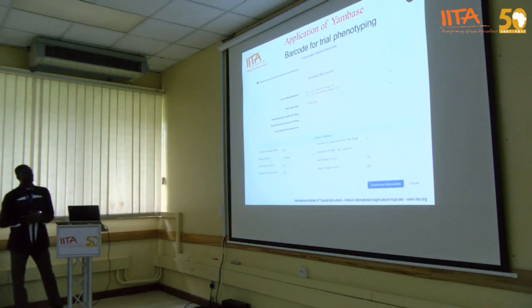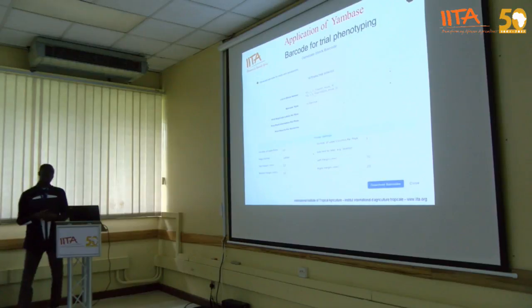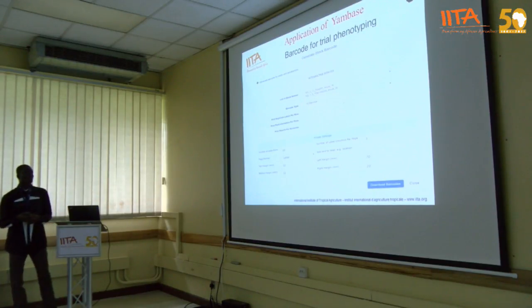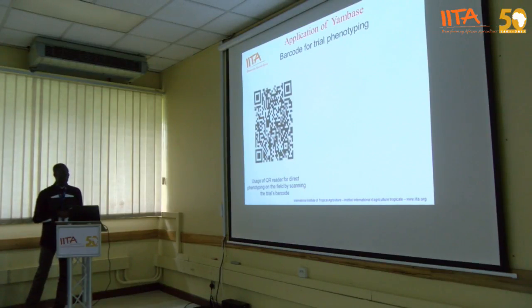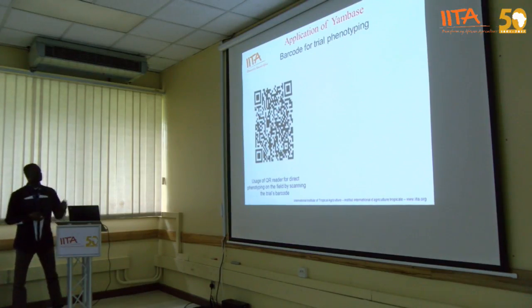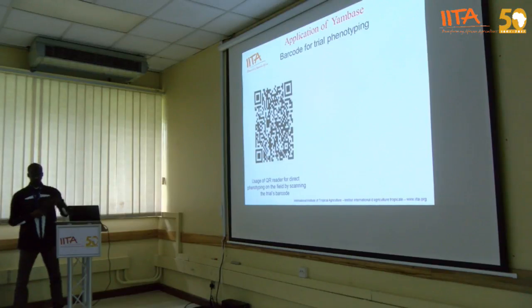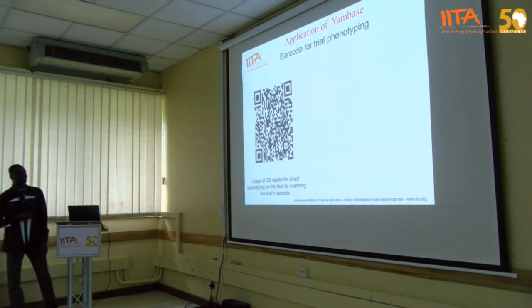And then what we also have in YAMBASE right now is barcodes, which can help you barcode either an accession, and you can also barcode a plot, which will link you directly to the Field Book. And then the advanced one is the barcode for a trial.